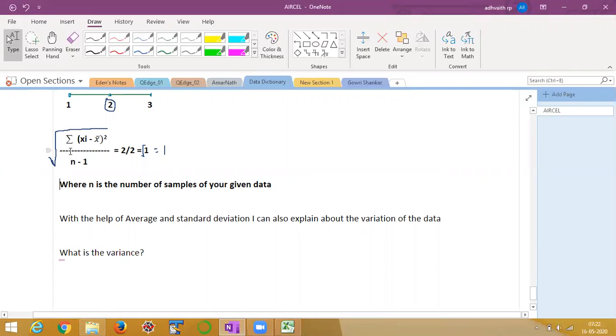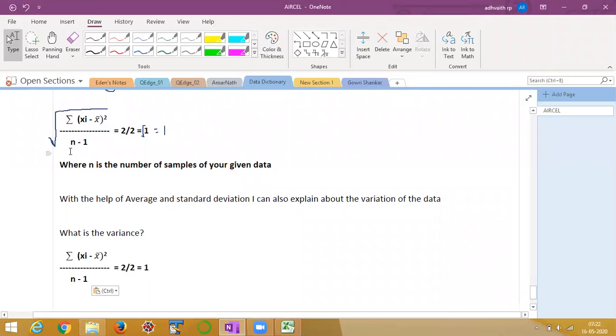That means the same story here: how much difference, how much variance. This is your formula for variance. If I don't take the square root, it will simply be the value of variance. If I take the square root, then it becomes standard deviation.